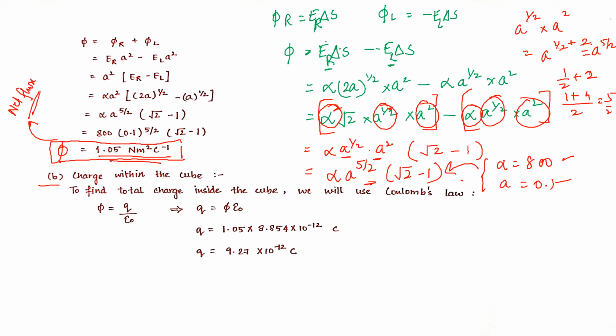Now our B option was the charge within the cube. We need to find the charge within the cube, and to find the total charge we can use Gauss's law or Coulomb's law. So we are not using Coulomb's law here, we are using Gauss's law. Why are we using Gauss's law?